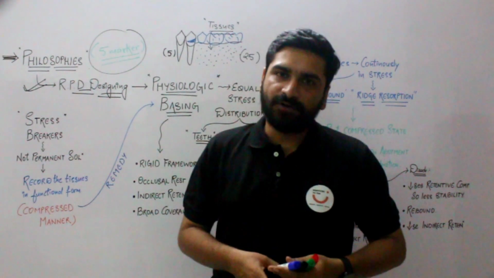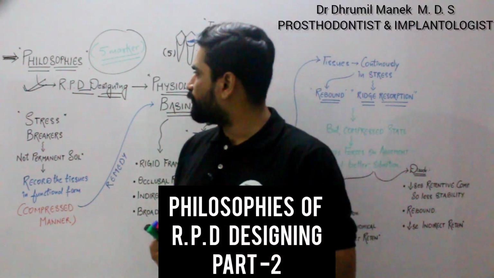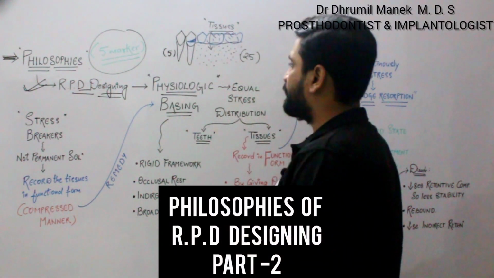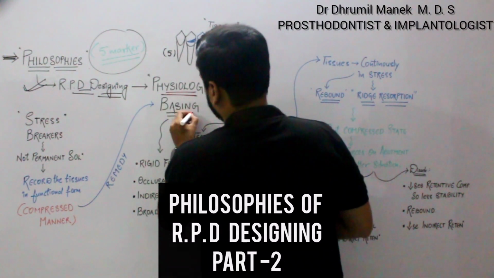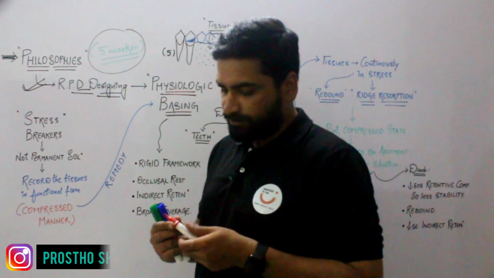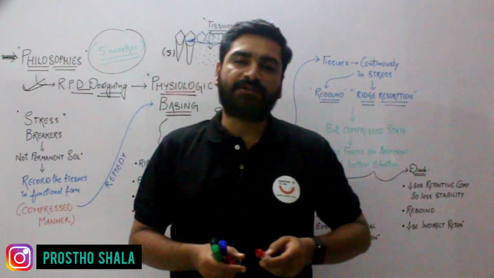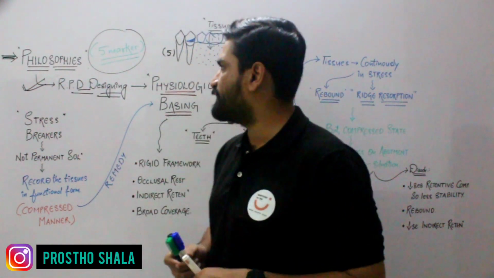So now the third philosophy in the RPDs, or the philosophies of removable partial denture, is physiologic basing. Till now we have discussed two philosophies: first, conventional rigid design, and second, stress equalization.